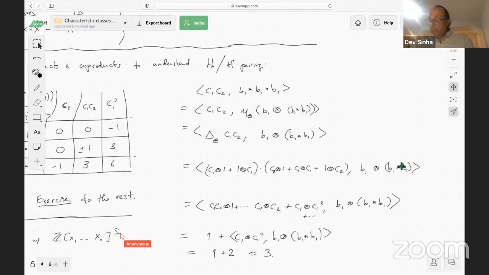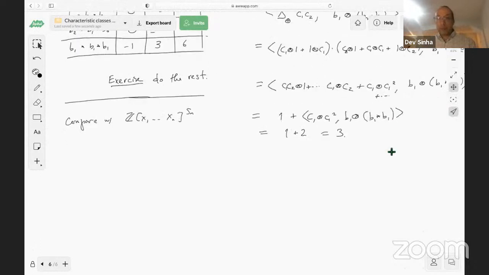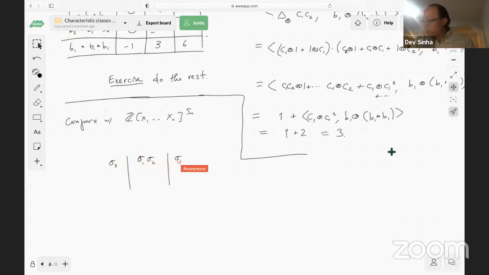There's a couple standard bases for symmetric polynomials. One is that we can look at symmetric polynomials. Now here I've drawn it in the same way, but the meaning is not the same. There's no pairing here. I really want a change of basis matrix.